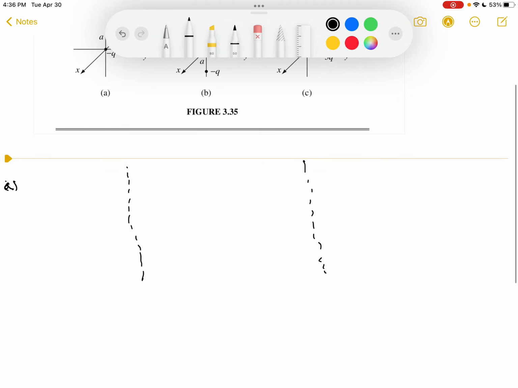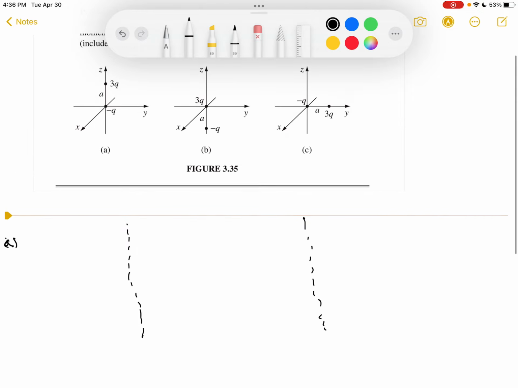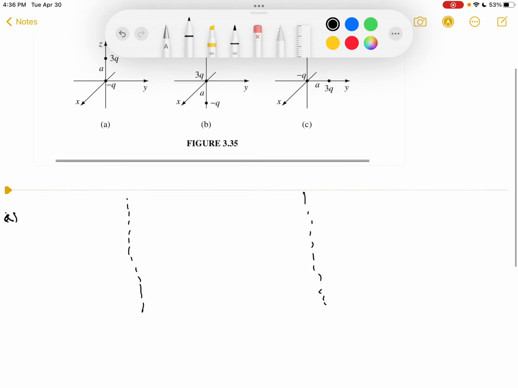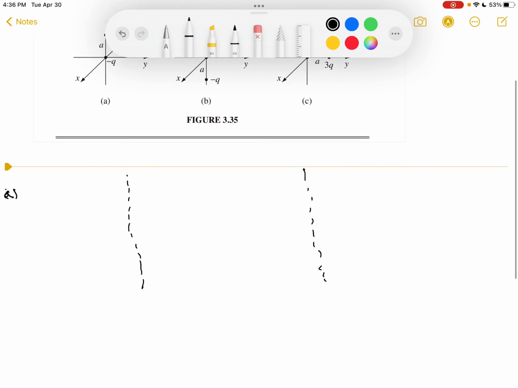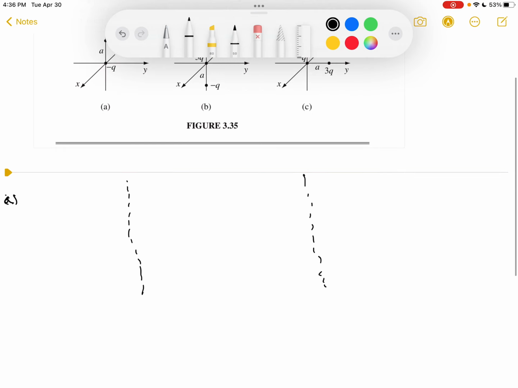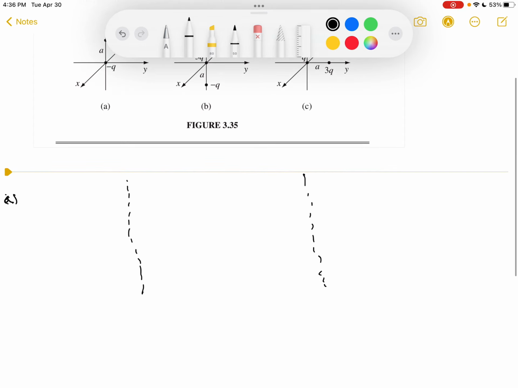First, we want to find the monopole moment, which should be, since that negative q is at the origin, the addition of, well, since they're on the same axis, I'm sorry, yeah.